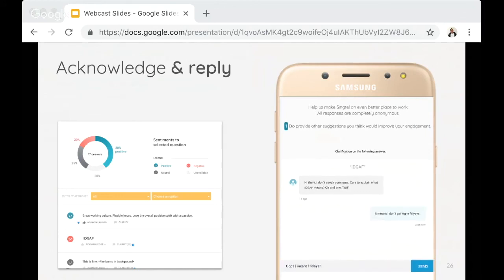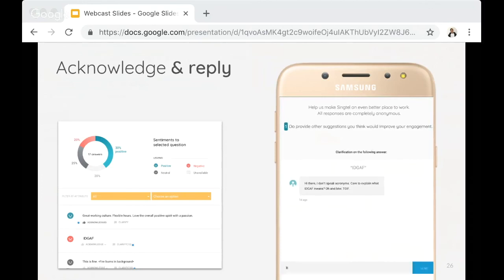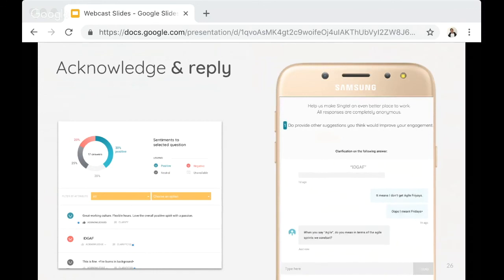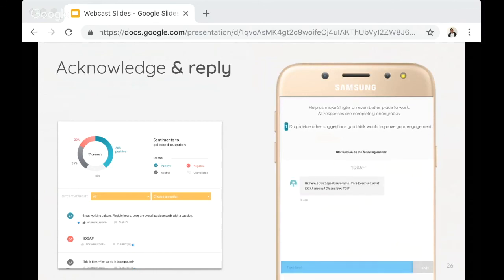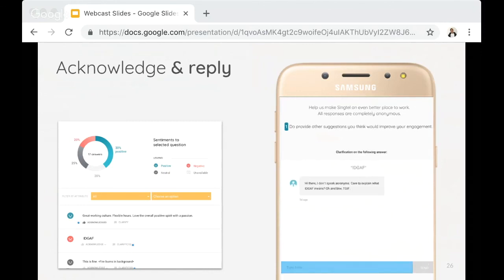Now, this means so much to the individual employee, because not only are they able to share their feedback, they're able to clarify what they mean. And secondly, to them, it also matters that their boss is taking an interest in taking action on their feedback. And they know it's not going to be immediate, maybe. I mean, everyone is realistic, but at least they are heard.